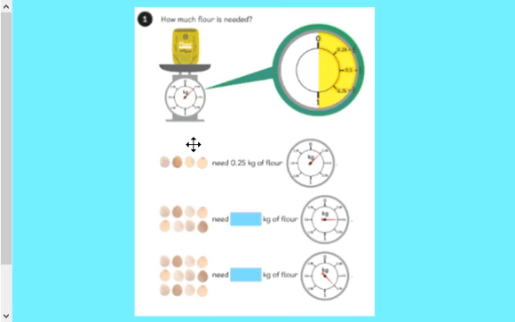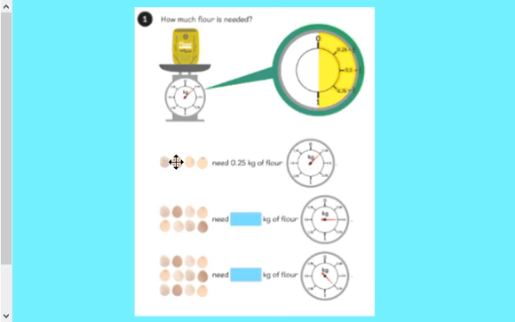So for 4 eggs, she needed 0.25. So that would mean that if she had 8 eggs, that'd be double that, wouldn't it? Then we would have to double up the amount of flour that she needed. So that then would become 0.5 kilograms, or 500 grams. She doubled up the eggs, so she doubles up the flour.